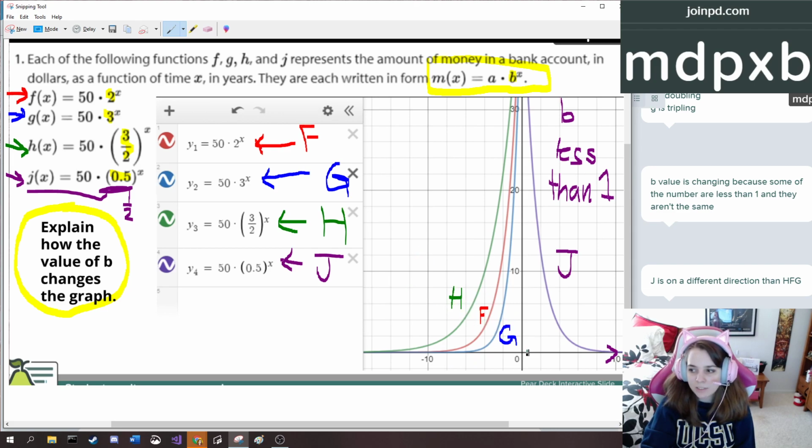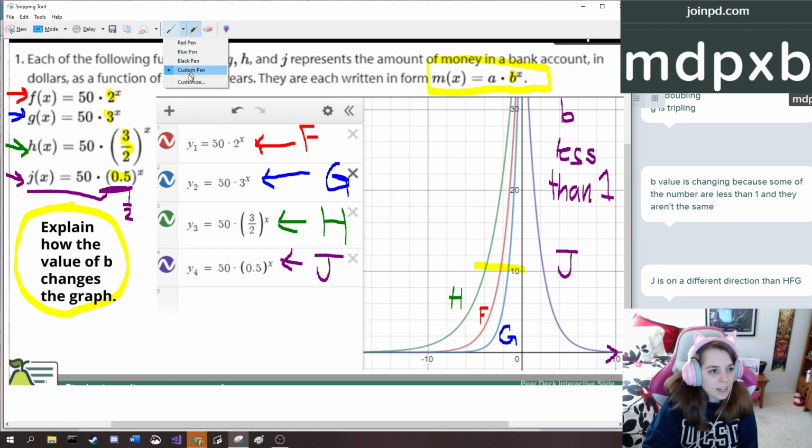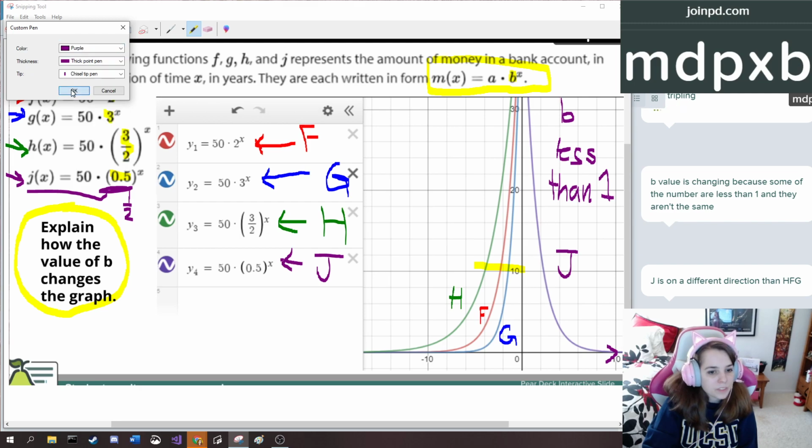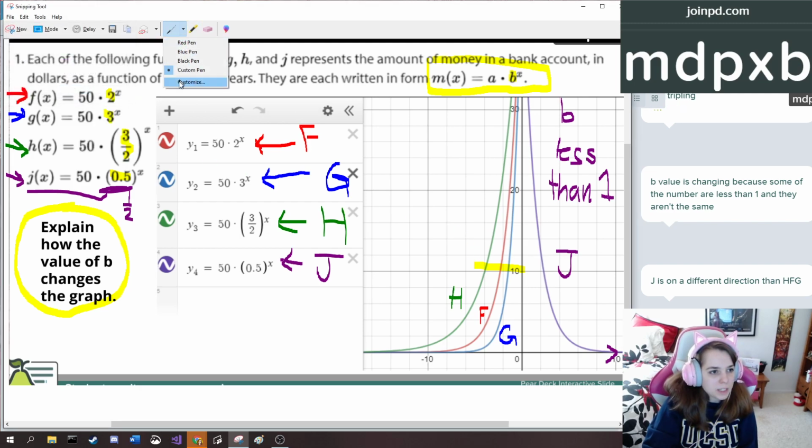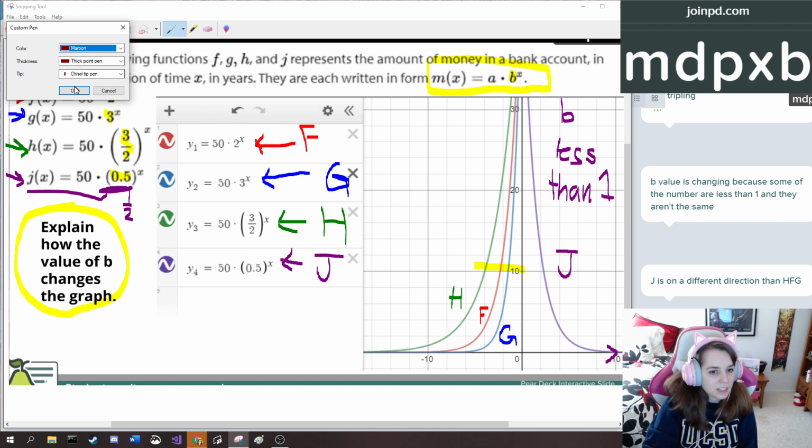Why are H, F, and G layered like this? If we take a look at when all these graphs reach 10, H is going to be the slowest to reach 10.